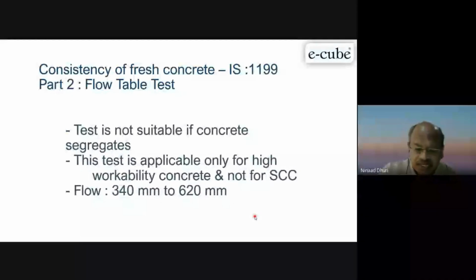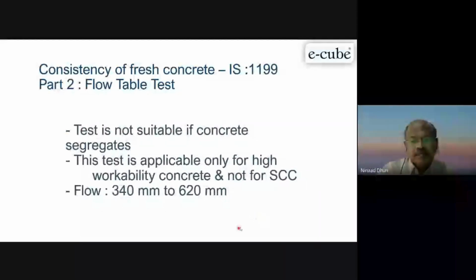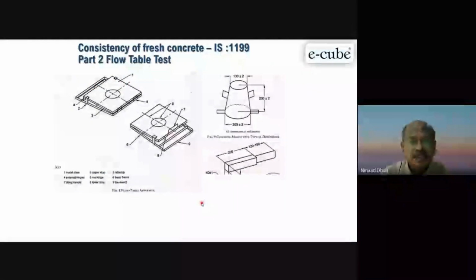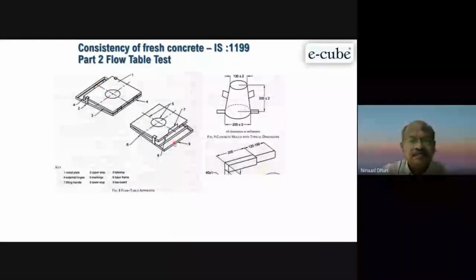For that, this test is specified. So the flow is measured between this and this after tamping. This is the flow table. This is the cone and this is the compacting rod.